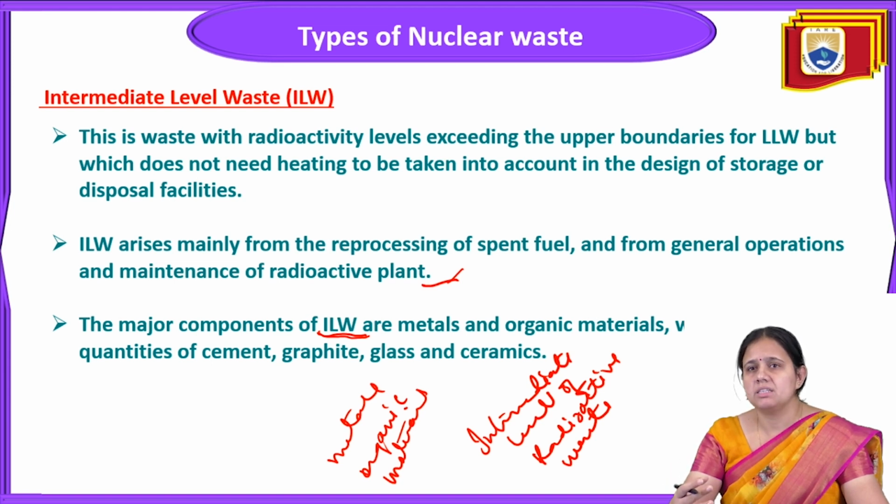ILW arises mainly from the reprocessing of spent fuel and from general operation and maintenance of radioactive plant. The main components of ILW are metals and organic material, with smaller quantities of cement, graphite, glass, and some ceramic.